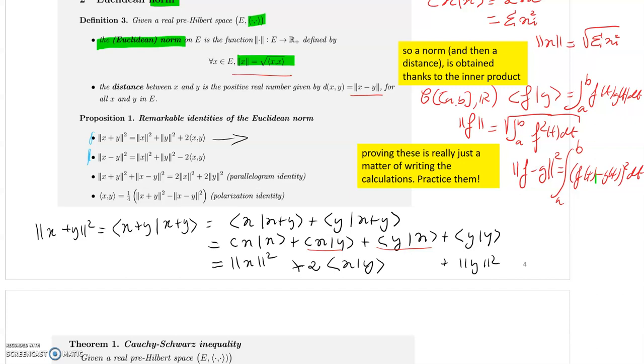Okay, and actually you can do all the other ones by doing exactly the same steps. So for this one, you will get a minus in that place. For the third one, you just have to do the sum of the two previous ones, and the fourth one comes from the previous one.